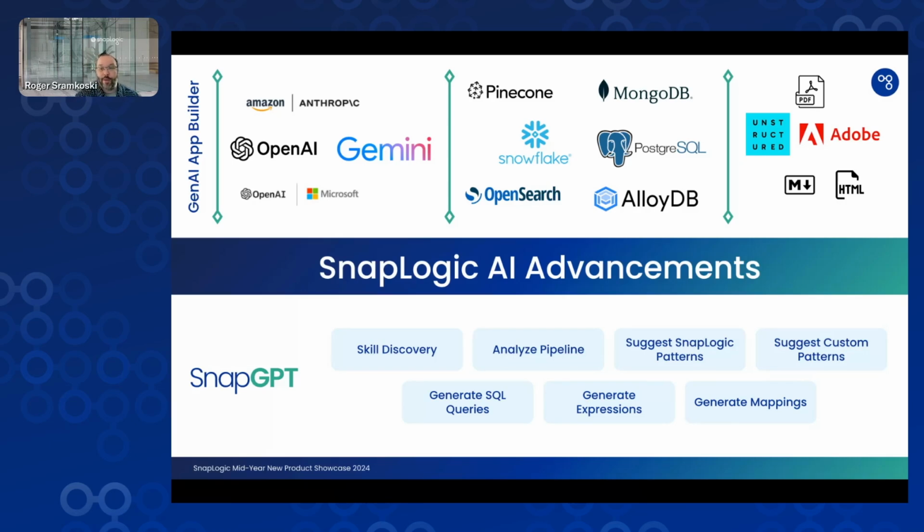We've also added the ability to generate SQL queries, expressions, mappings, and the ability to suggest SnapLogic and custom patterns, and then finally the ability to analyze a pipeline. I'm going to show you 3 of those skills here in a demo. So let's hop over to that real quick.